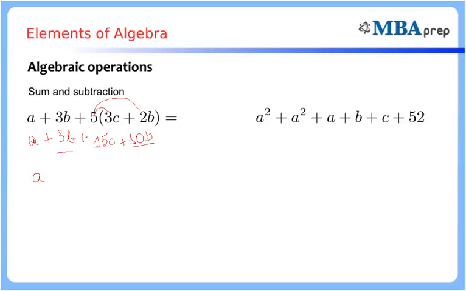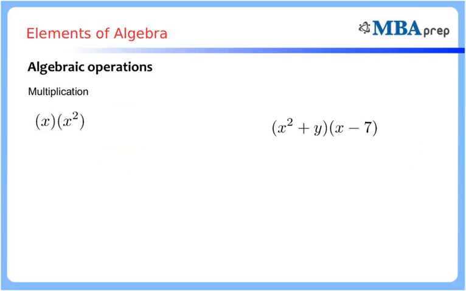So we will have a plus 13b plus 15c. In the other example, a squared might be combined. So we would have 2a squared plus a plus b plus c, because these can't combine between themselves, or with a squared plus 52.